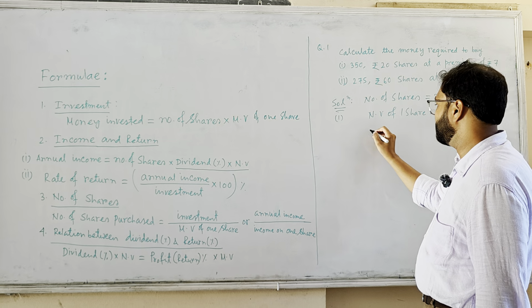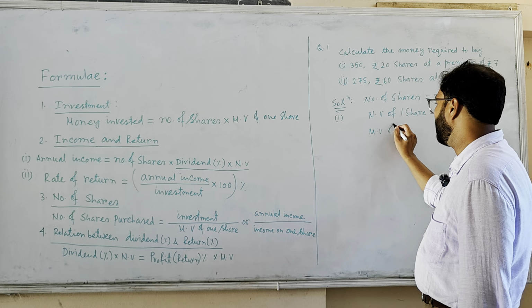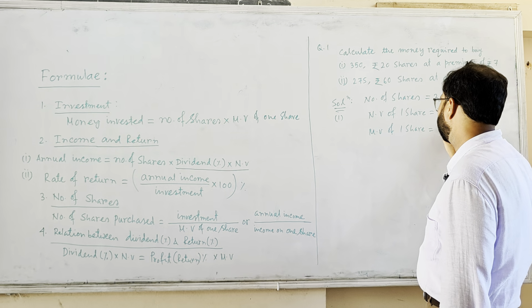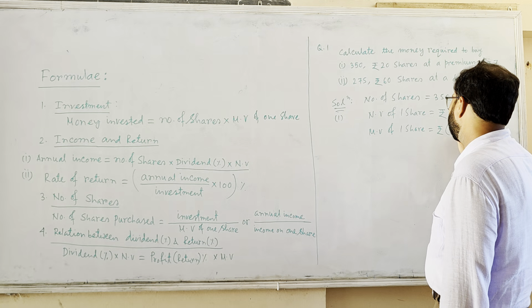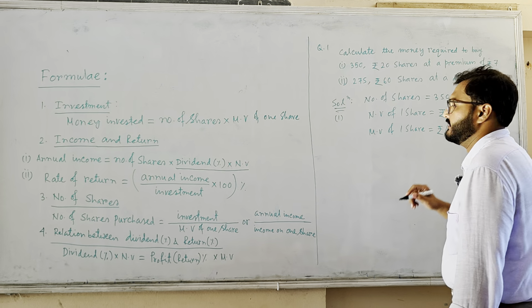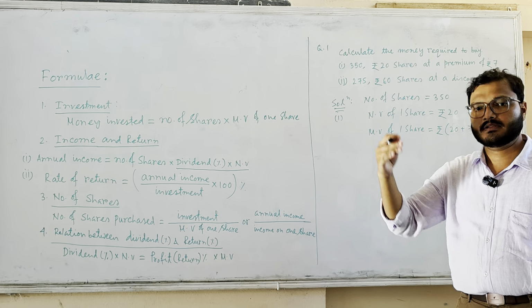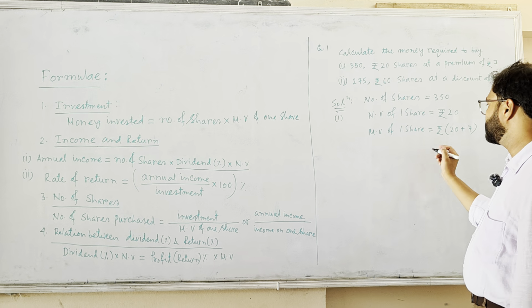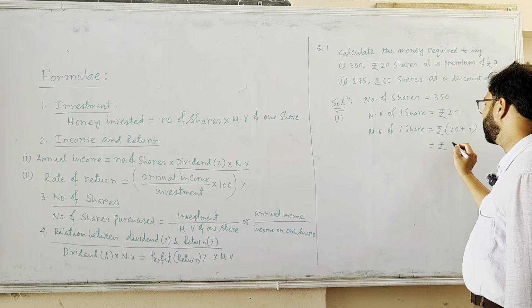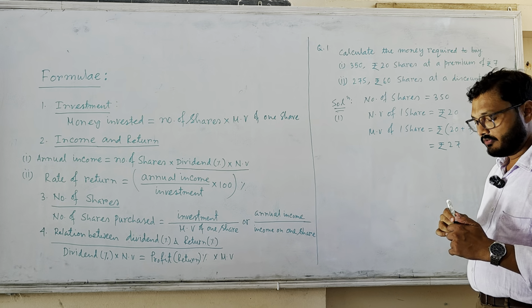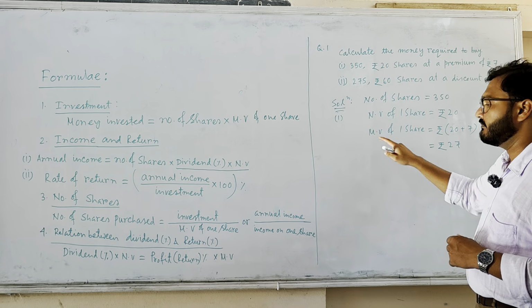Above par means the market value of one share equals rupees 20 plus 7. Premium means above the nominal value, add. So rupees 27. So we got everything: the nominal value and the market value.